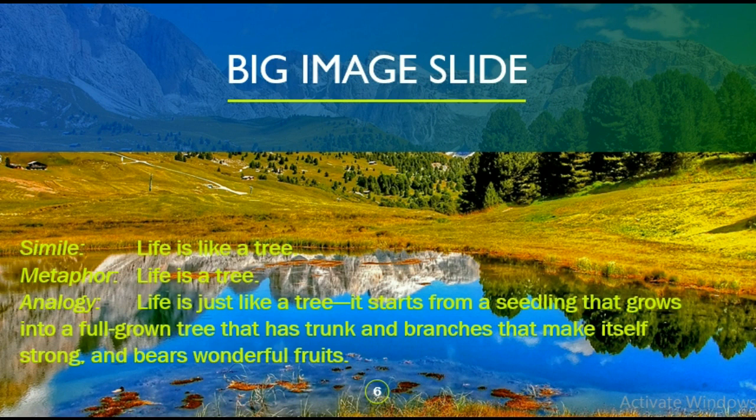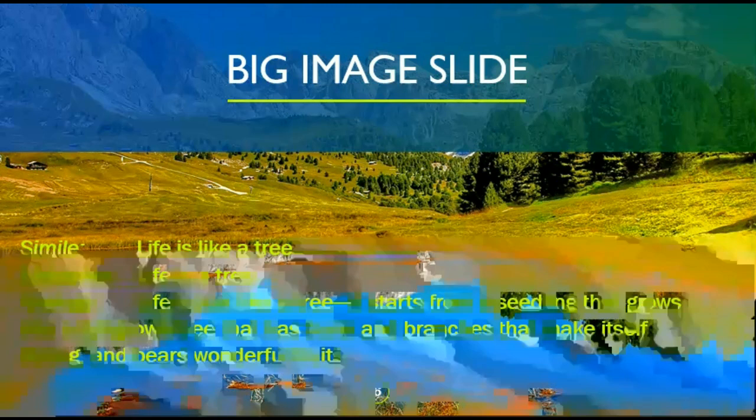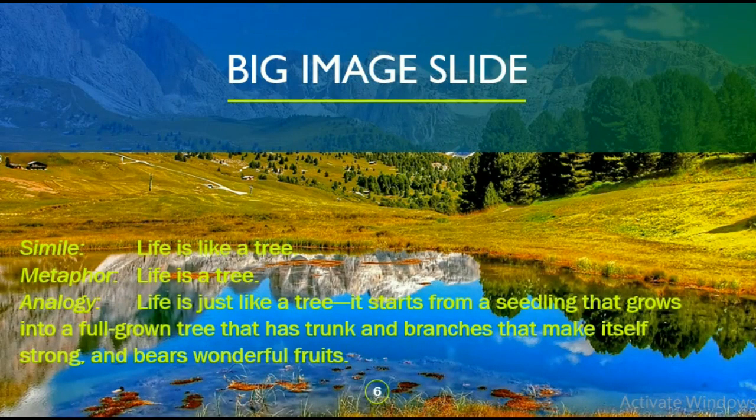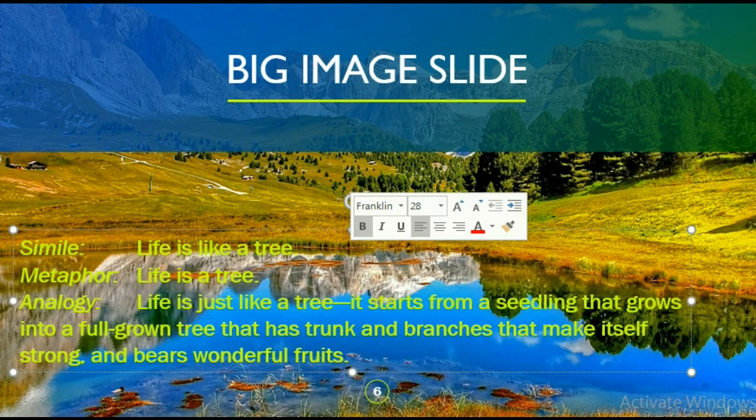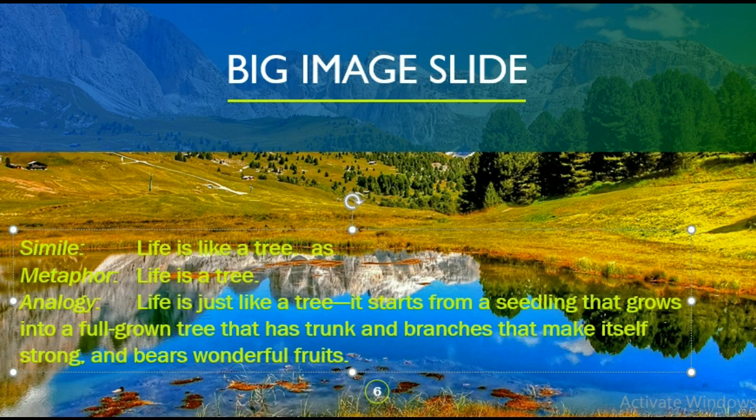Very good. In simile, there are two things that are being compared, like life and tree. But there is the word like. Correct. Now, aside from like, you could also use the word as. Another idea?